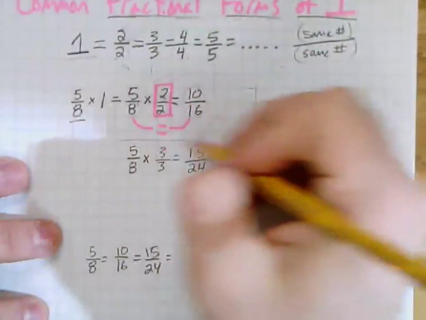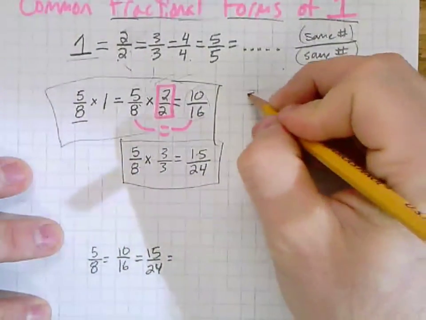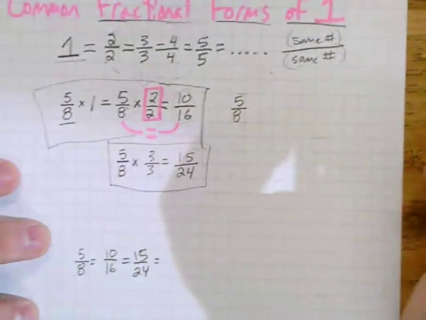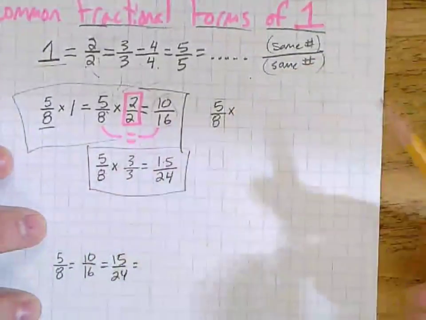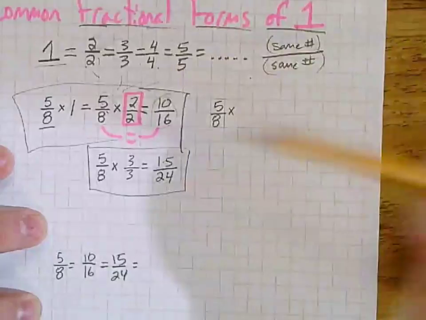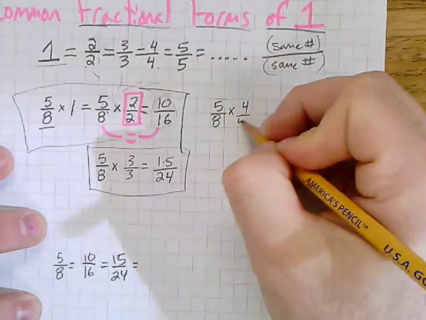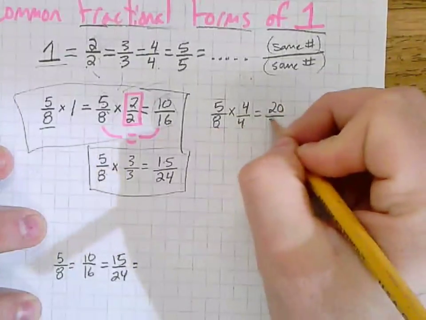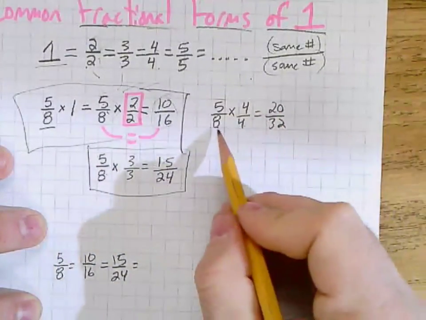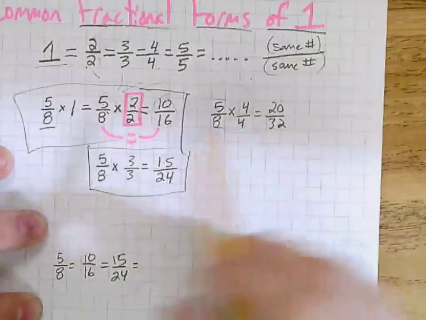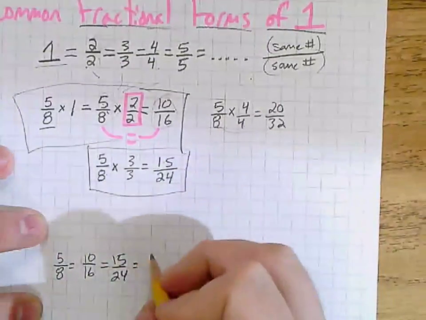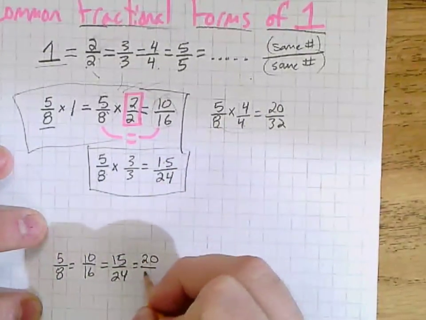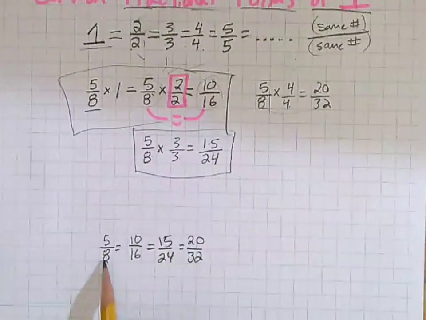Alright, so again, we will compartmentalize everything so that way it's not too confusing. 5/8, we'll come over here, multiply by our next fractional form of 1, 4/4. 5 times 4 is 20, 8 times 4 is 32, so our next equivalent fraction for 5/8 is 20/32.